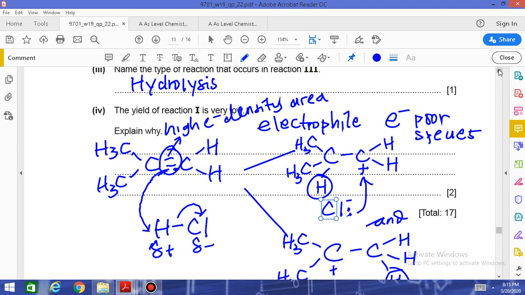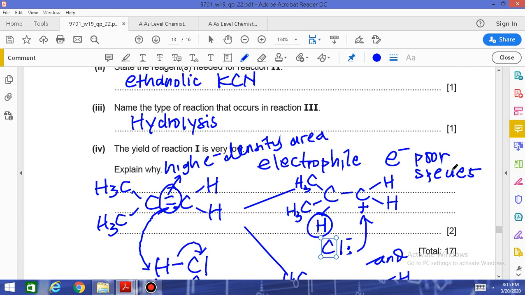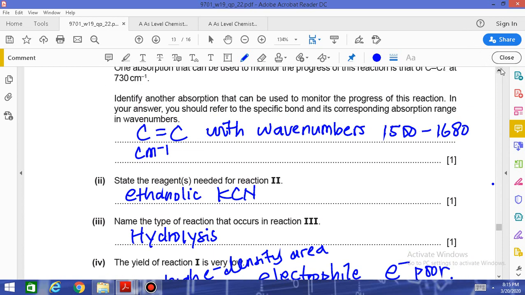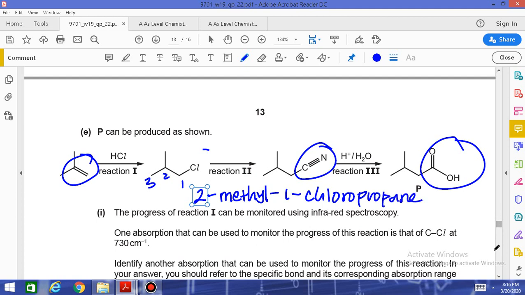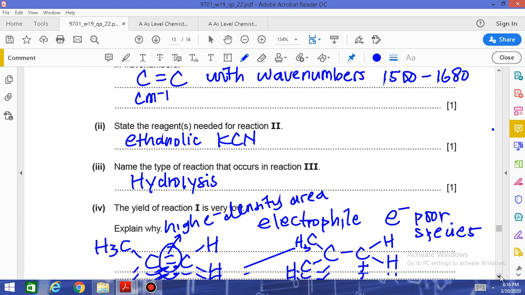Okay, let's see the question again. The yield of reaction 1 is very low. Okay, so the product is 2 methyl, 1 chloropropane, right?